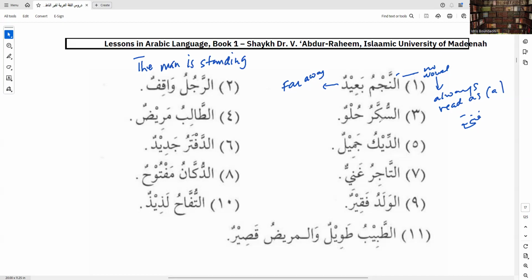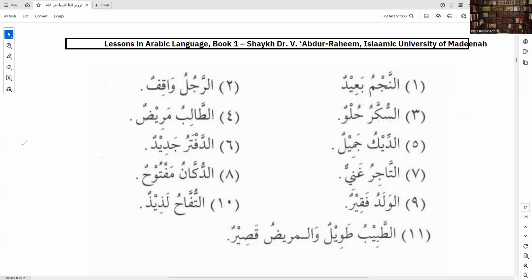السكر, sugar, is sugar, so the sugar is حلو. When something is حلو, is sweet. So here we are saying السكر حلو. The sugar is sweet.